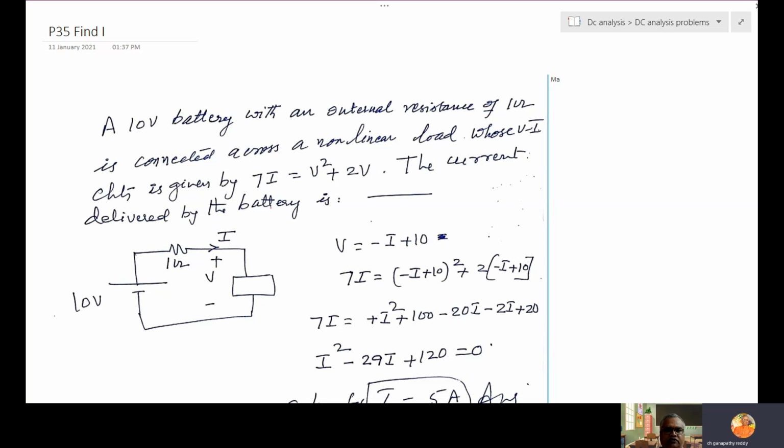The current delivered by the battery is... Here this problem's specialty is the nonlinear load and the VI equation given. So what is this V expression? Minus I plus 10, minus I plus 10. But what is V?